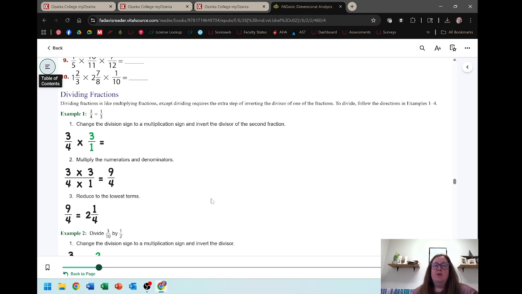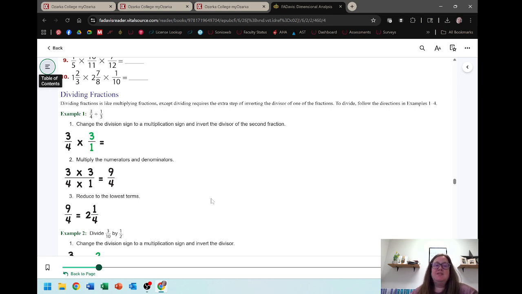So 3/4 divided by 1/3, we take 3/4 and keep that, and then we change it to multiplying. We invert the second fraction, and we put the denominator on top and the numerator on bottom, and multiply.